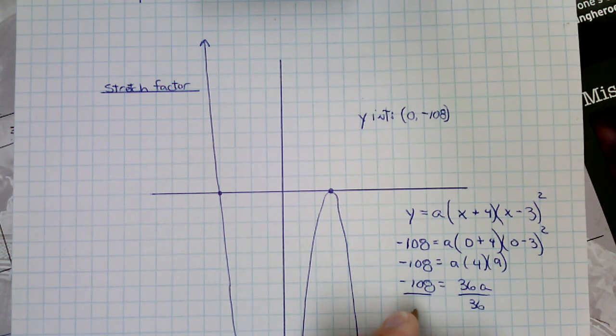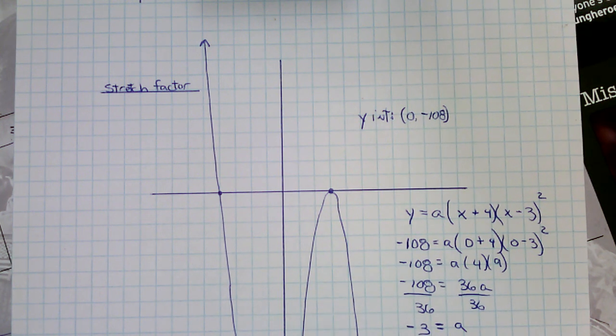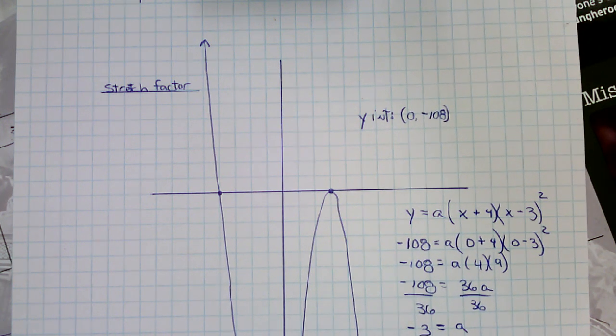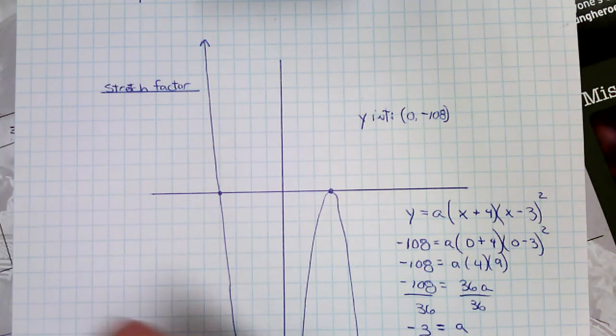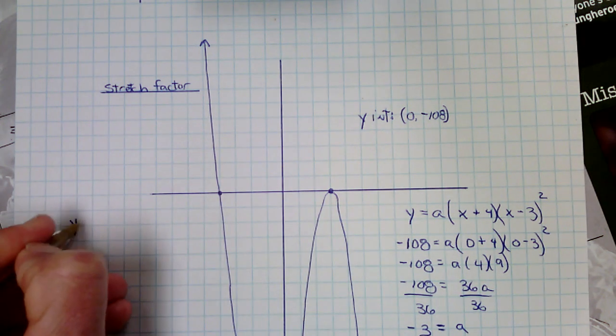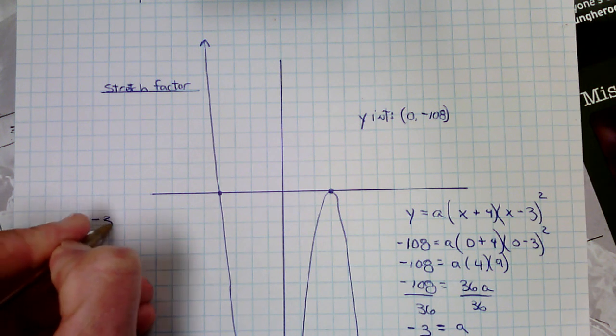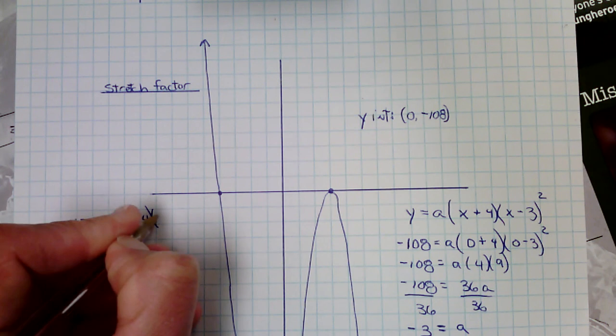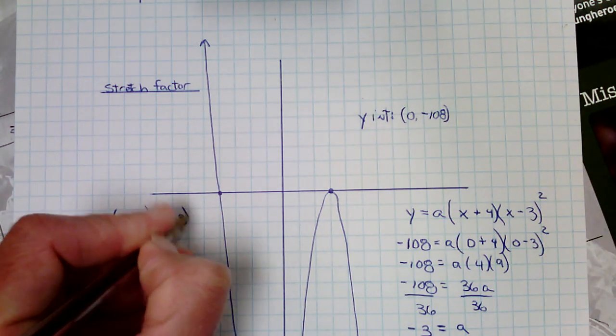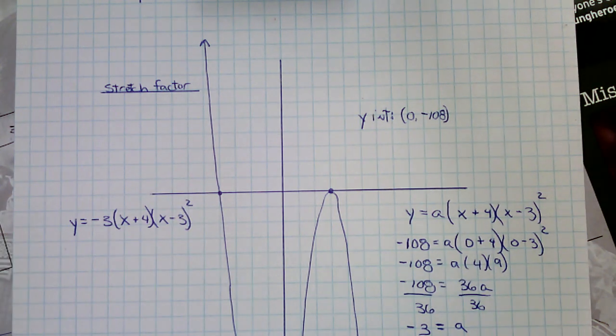Divide by 36, divide by 36. That means that our a value here is negative 3. So there's our stretch factor, negative 3. Our final equation of this particular polynomial will be y equals negative 3 times (x plus 4) times (x minus 3) squared.